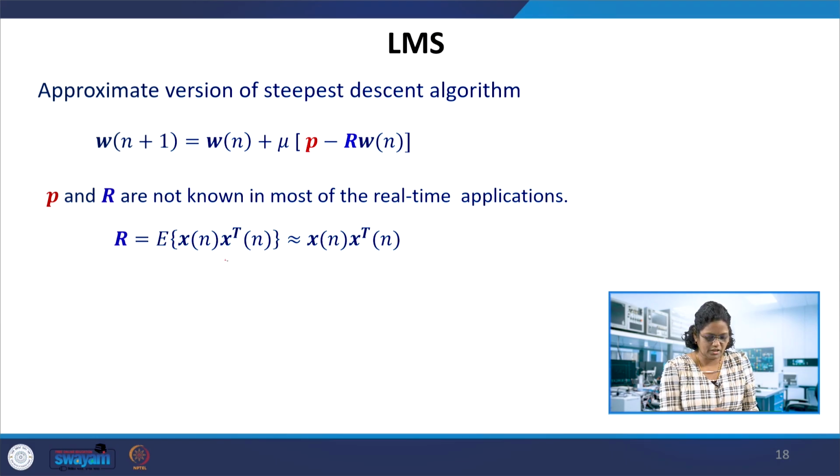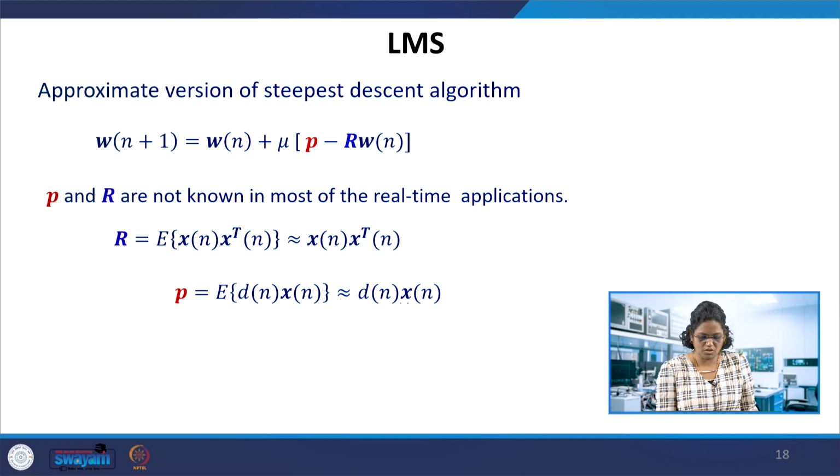Instead of having this expectation, just take x of n and its transpose, approximate it this way. Similarly, P, instead of having the expectation, is just a multiplication of D and X, the desired signal and the input signal. The cross-correlation matrix and the autocorrelation matrix are now reduced to this form.